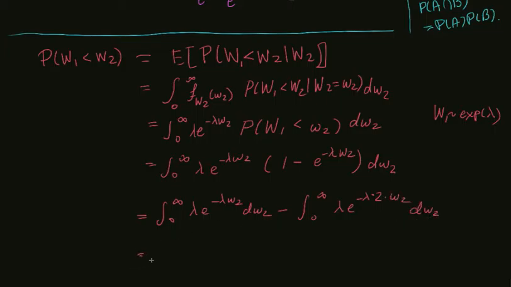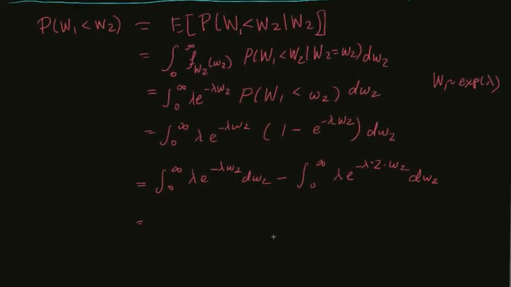And what is this equal to? The first one is just a 1, because I'm taking the density function of an exponential distribution and integrating it over the entire support. So this is just equal to 1.